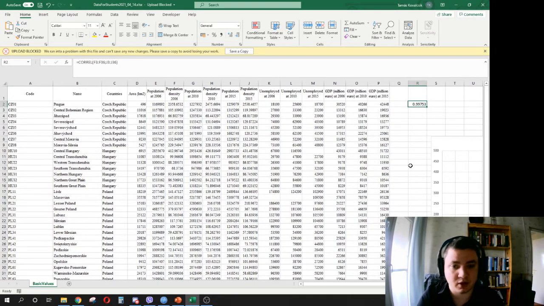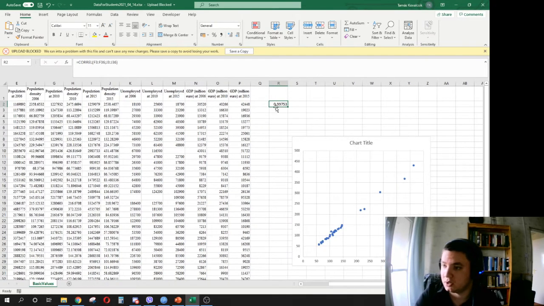We have a very huge correlation coefficient, almost 1. So there is a huge connection and relationship between the two population densities.